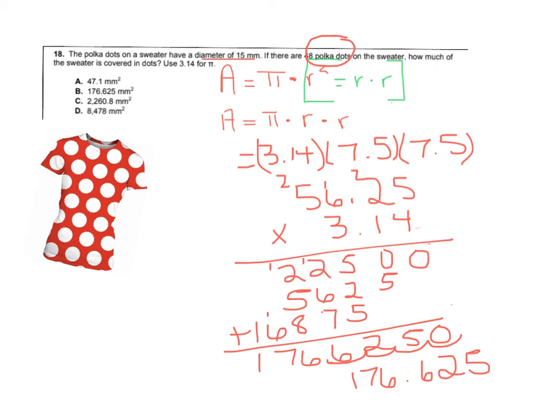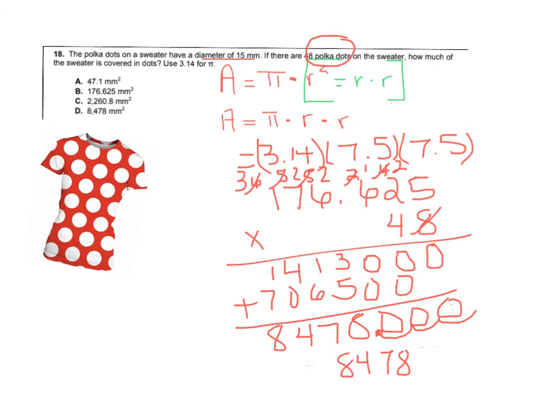This is the area of just one of those. And so when the math is complete, we see that for 48 polka dots, the area would be 8,478 millimeters squared.